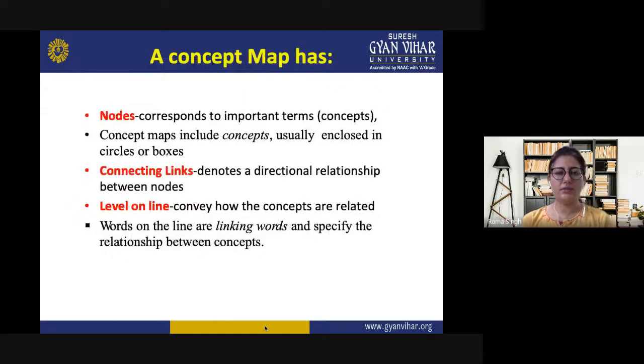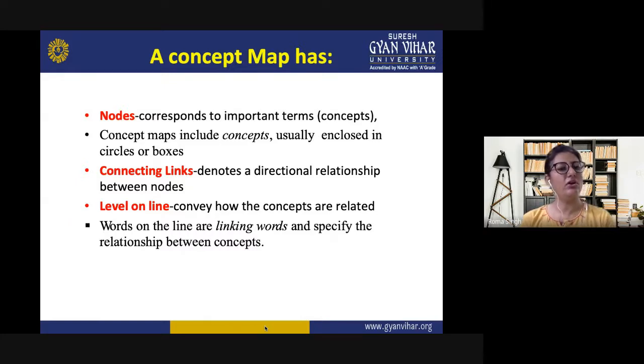So a concept map has certain elements, which first of all is nodes. Nodes correspond to important terms, the important concepts. So it includes concepts usually enclosed in circles or boxes. These are known as nodes. Then there are connecting links, which denote a directional relationship between the various nodes, the various concepts which you have enclosed in a circle or a box.